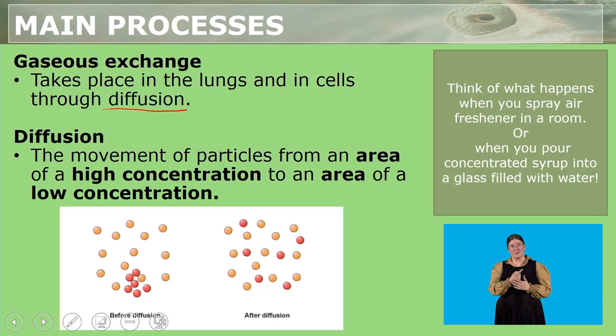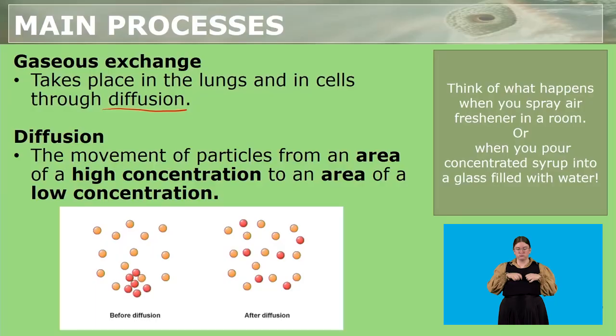So this is what happens in our lungs and in the cells during the process of gaseous exchange. You have air particles that move in, that are concentrated, and then after a while they settle, they diffuse, and they become equally distributed. They are basically moving from an area of high concentration to an area of low concentration.